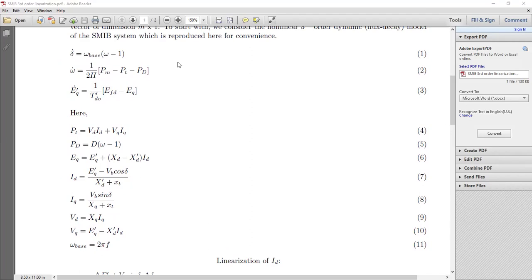The first one that comes in our way is this PT. This is an algebraic variable. PT is a function of VD, ID, and VQ, IQ. And we know that VD is XQ IQ, and VQ is Eq dash minus XD dash ID.